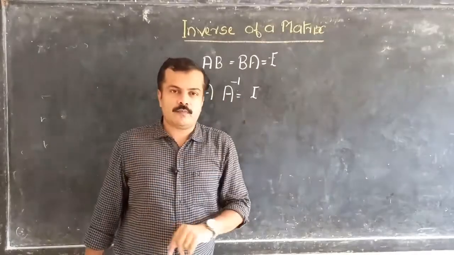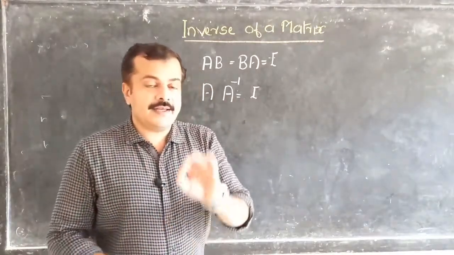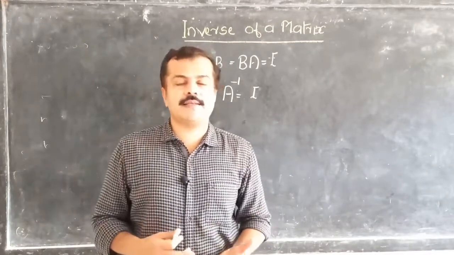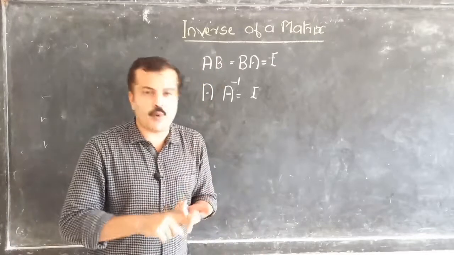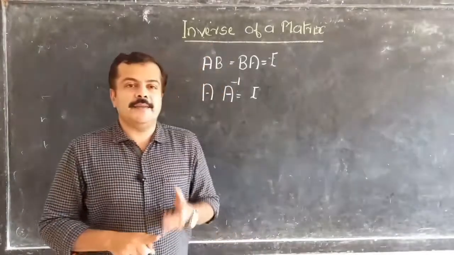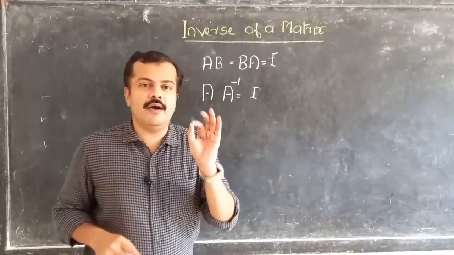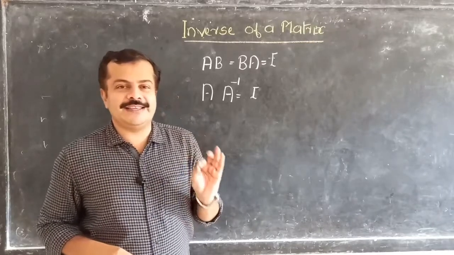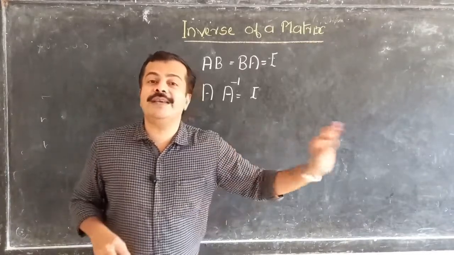Now, for a square matrix, the matrix inverse exists only for two cases, as we said. One, it's applicable only for a square matrix, and secondly, the matrix should be non-singular. That is, the value of the determinant must not be 0.